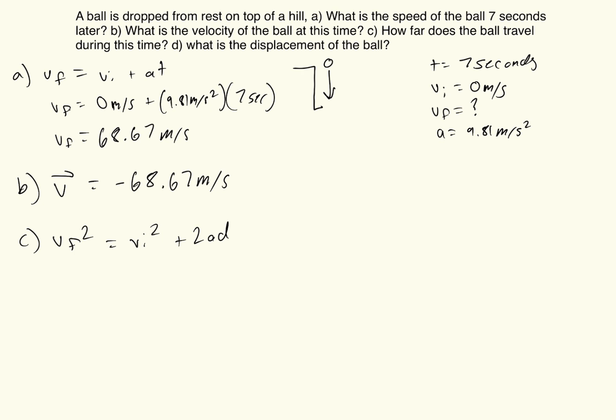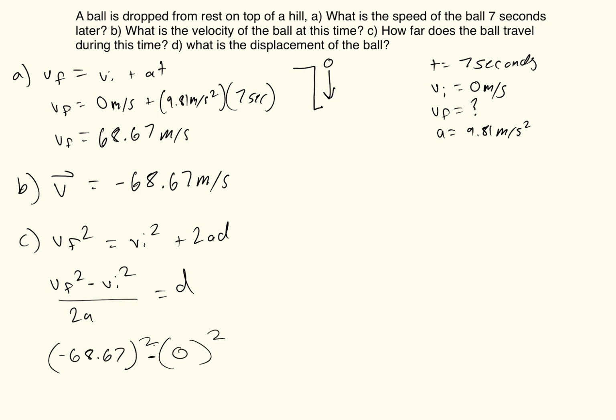Now we have to isolate for D. So we move the Vi squared to the left by subtracting, so we get Vf squared minus Vi squared, and then we divide by 2A, is equal to D. And so now, when we substitute in, we get negative 68.67 squared minus our Vi squared, which is 0 squared, divided by 2 and negative 9.81.